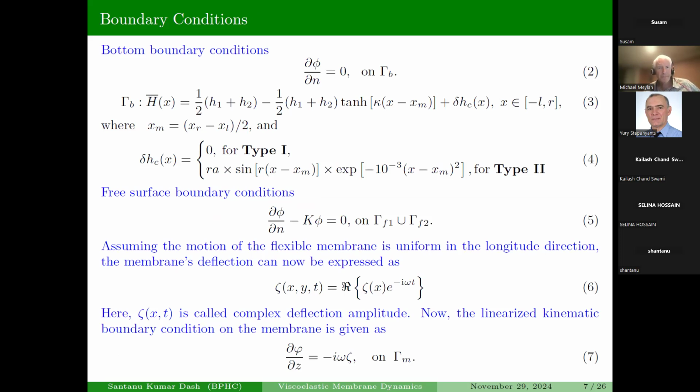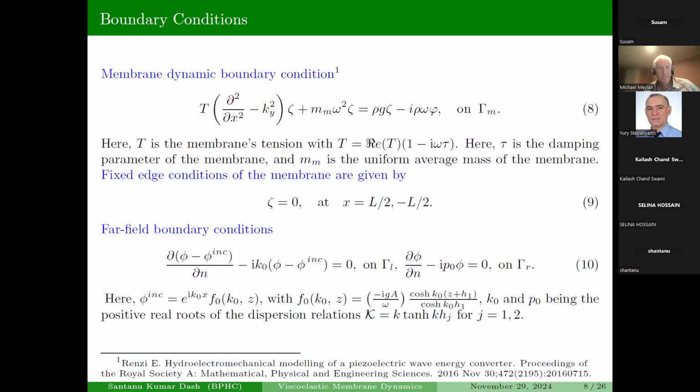Equation number 7 is for the linearized kinematic boundary condition, and equation 8 is the dynamic boundary condition. So which term is responsible for the dissipation? This damping parameter associated with the membrane. Where's that? Yes, it's okay.